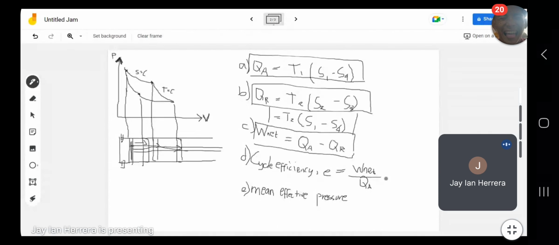So may shortcut kasi. Since work net is equivalent to QA minus QR all over QA, we can say that efficiency can be calculated as 1 minus QR all over QA.